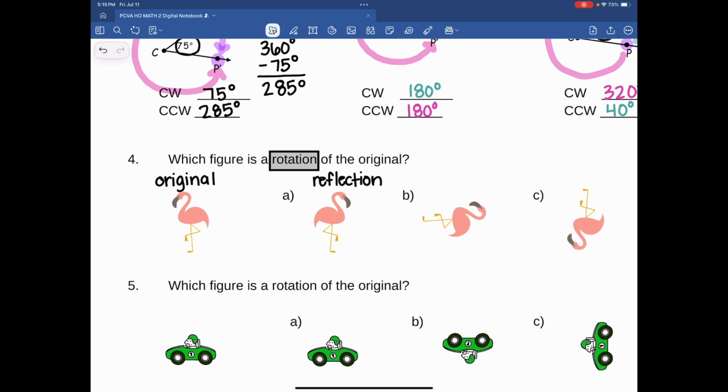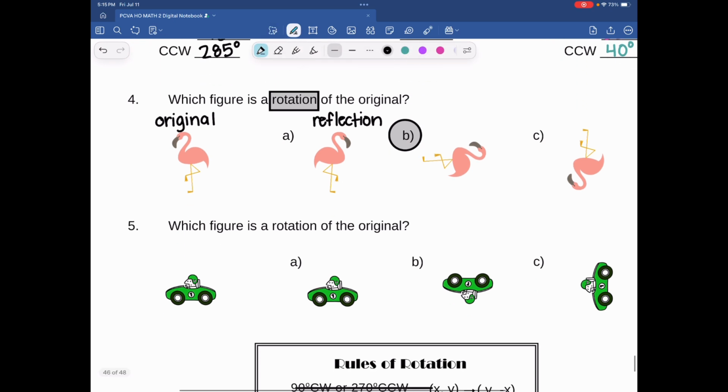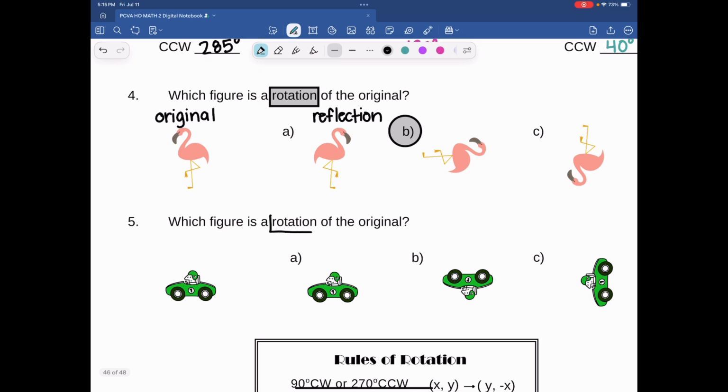So when I'm looking at which one is a rotation, in this particular situation, it's going to be B. So we've got to look at where the head is, where the legs are, how it's rotating, okay?